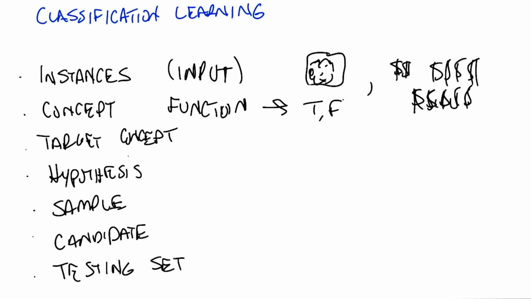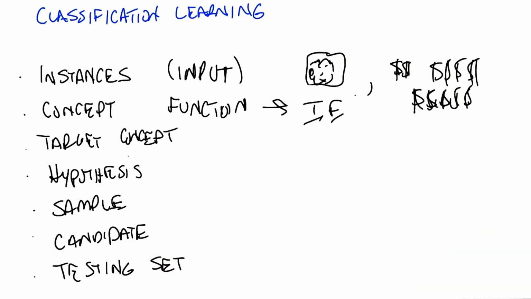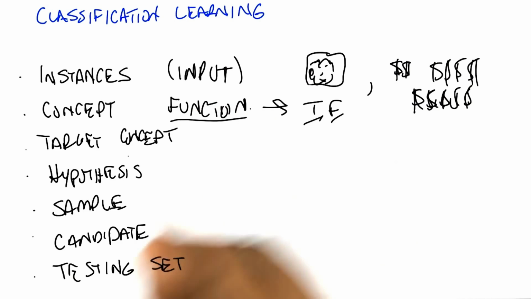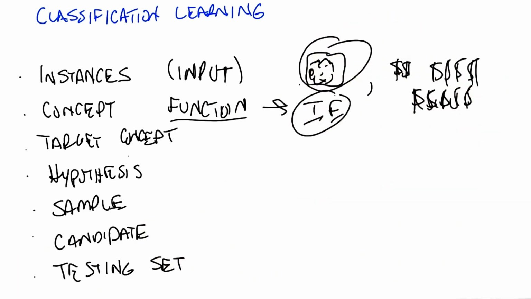For most of the conversation we're going to be having, we're going to be thinking about binary classification, just true and false. But the truth is this would work whether there were 3 outputs, as we did with high school, college, or grad school, or whether there were 250, as we were contemplating for ages. The main thing is that the concept is the function that we care about, that's going to map pictures, for example, to true or false.